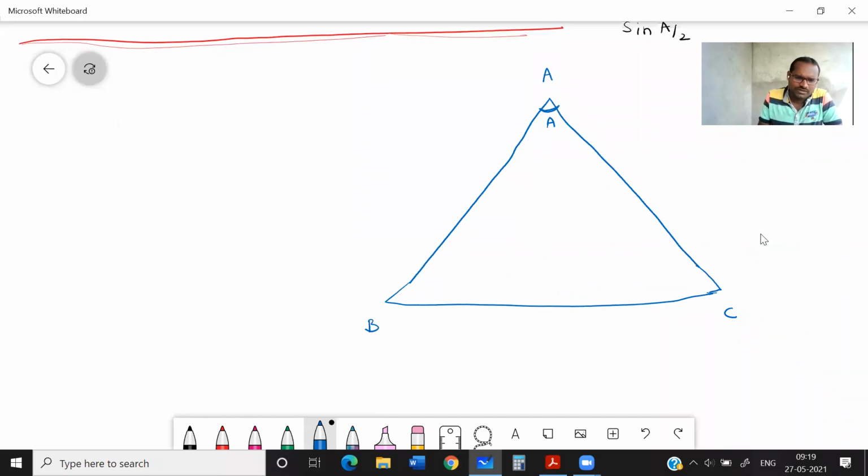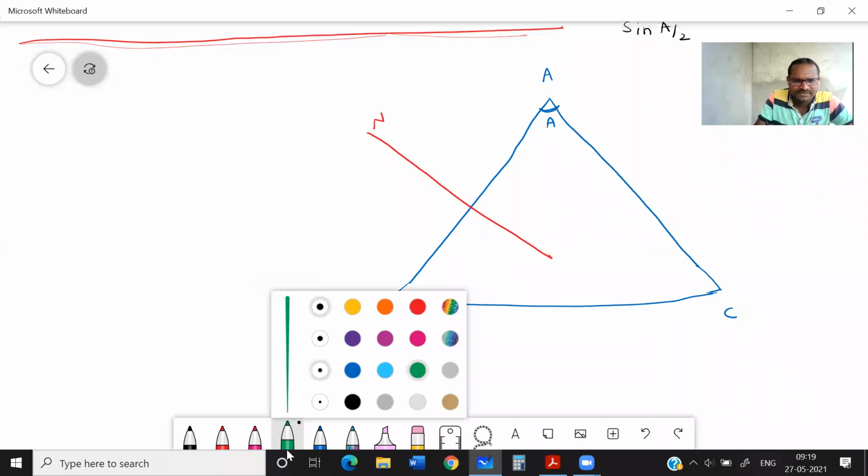Okay, now let us draw two normals. One normal I am drawing for this first. Now let us allow one ray of light to be incident on the first refracting surface AB.